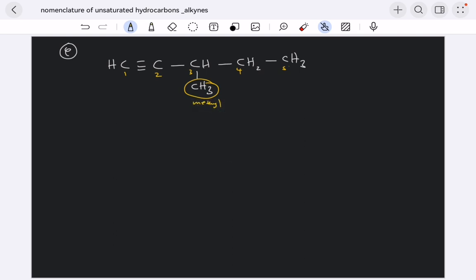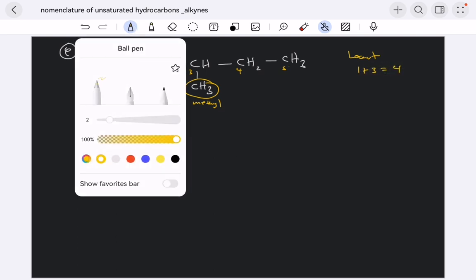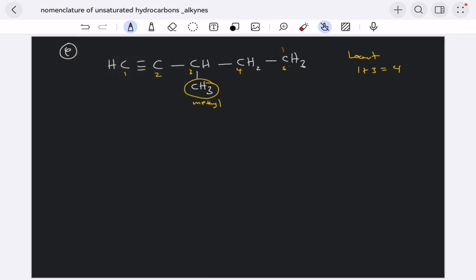So if I do the locant of this, I know I have a triple bond at position 1, then I have a substituent at position 3, which gives me a 4. Then, if I start counting from the other side, 2, 3, 4, 5, you'll notice that my substituent is at position 3, my triple bond is at position number 4, which gives me a 7.